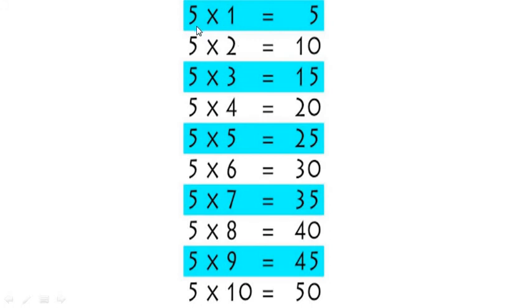Let's start the table. 5 ones are 5. 5 twos are 10. Say with me.